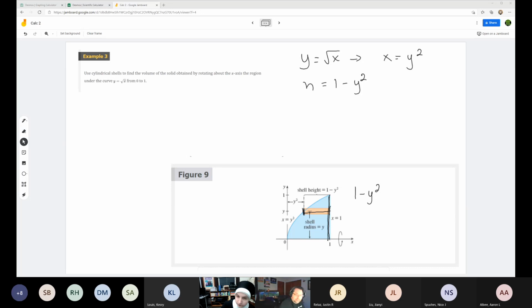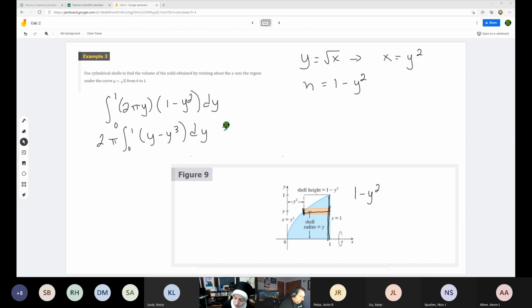So my integral is going to be from 0 to 1 of 2 pi y times 1 minus y squared dy. So the 2 pi can come out, and I have y minus y to the third, which gives me 2 pi times y squared over 2 minus y to the fourth over 4 from 0 to 1.